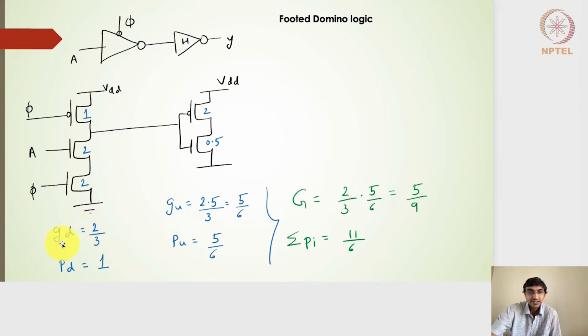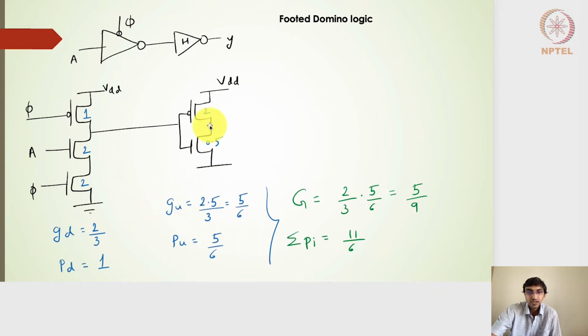The logical effort here, GD for the falling output, will be nothing but 2 here, the input capacitance, and then the benchmark inverter is 2:1, so it will be 2 by 3. Parasitics will be 2 plus 1, which will be seen at the output of this dynamic inverter, and the benchmark inverter is again 2:1, so I will have 2 plus 1 divided by 2 plus 1, so it will be 1. This remains the same as that of the previous case.